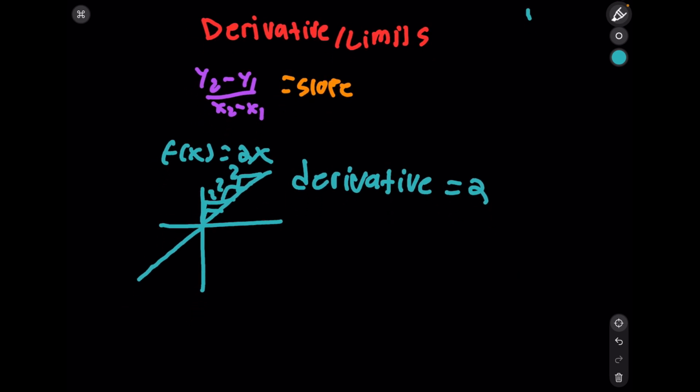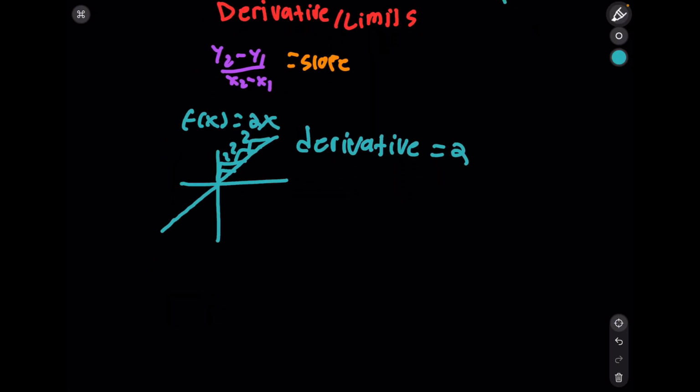But how can we find that through calculus? Here is where the limit definition of a derivative comes in. As we talked about last time, a limit is just going in toward a specific point, and through that you're able to find what's happening around that specific point.